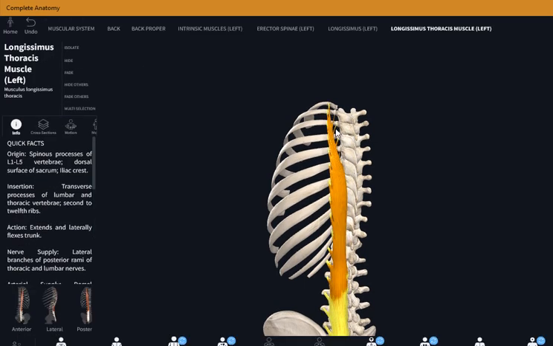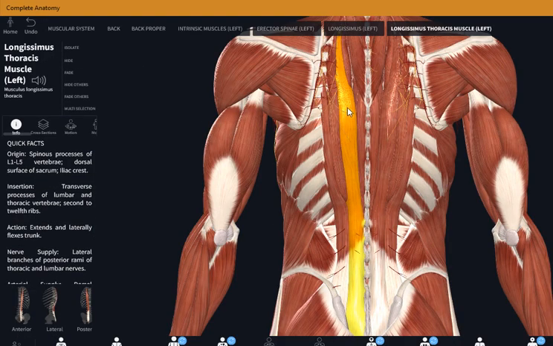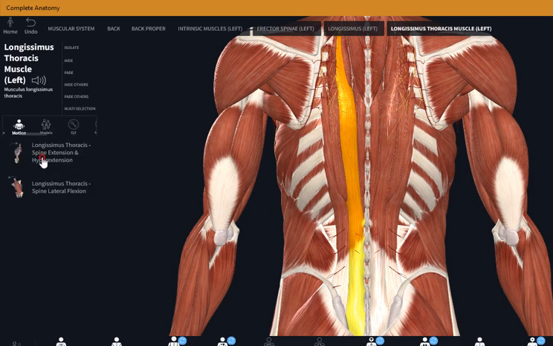Now after having the longissimus thoracis, we can find the motion that it's going to perform. Longissimus thoracis can perform extension motion, a hyperextension, or a lateral flexion, but the most important function is going to be the spine extension. So it's going to extend.